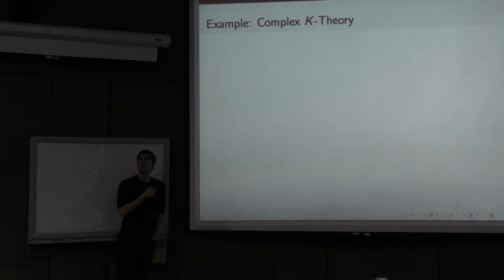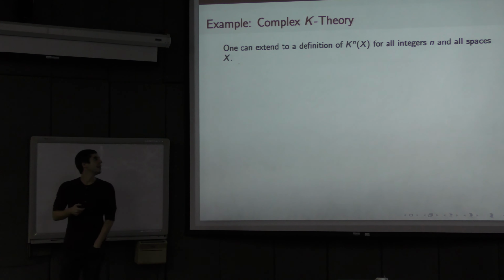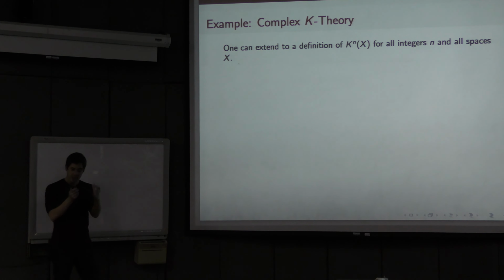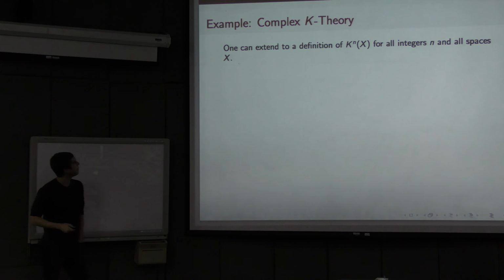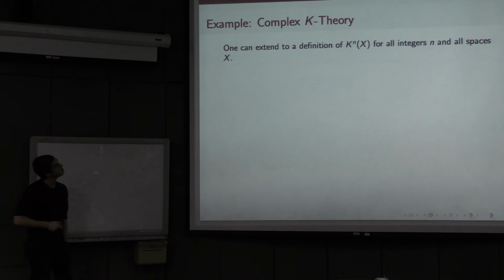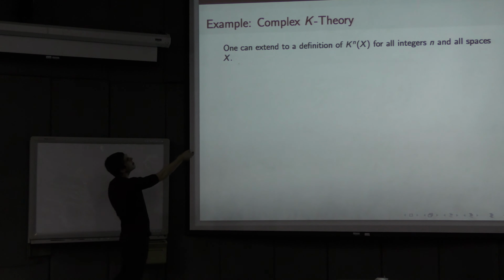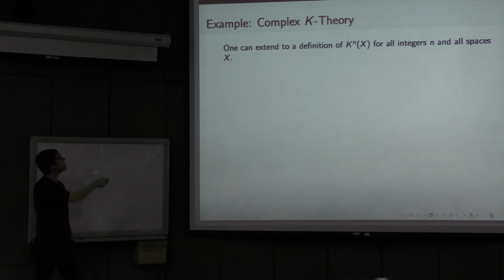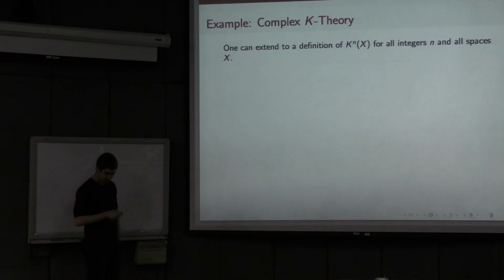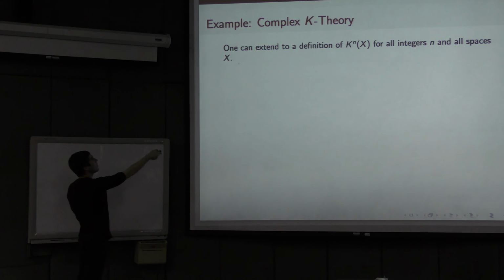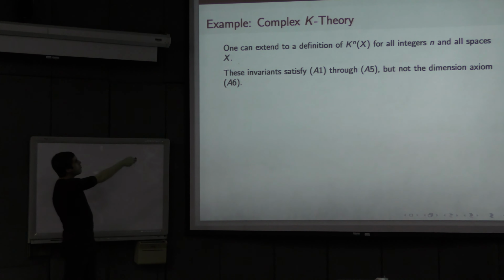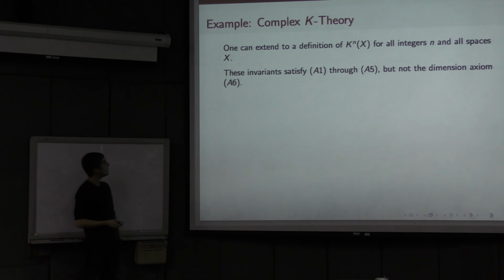So far what I've defined for you is K0 of X in the special case where X is a nice finite space, like a compact manifold. But you can extend this definition and define Kn of X when n is an arbitrary integer and X is an arbitrary topological space. I won't give you that extension, but I will mention that it's an example of a generalized cohomology theory.